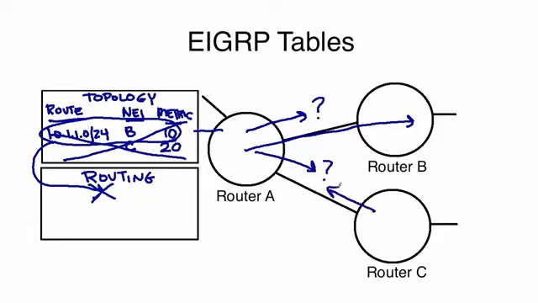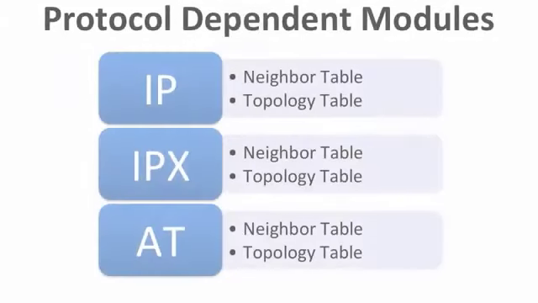And the neighbors will respond back, but let's say in this case that router C is the only one that knows about it. Router C will respond, yes, I'm aware of it, and it will send the information over, and router A will say thank you very much, and will then insert it into the topology table. It will become the successor, and once it's the successor, it will be placed into the routing table, and then router A will begin using the path through router C to reach that subnet.